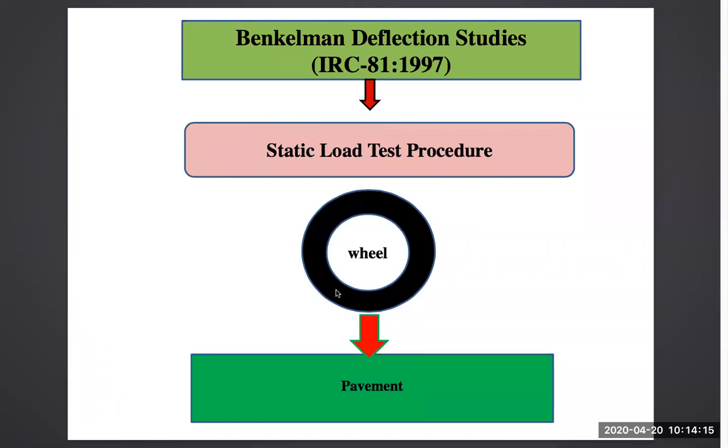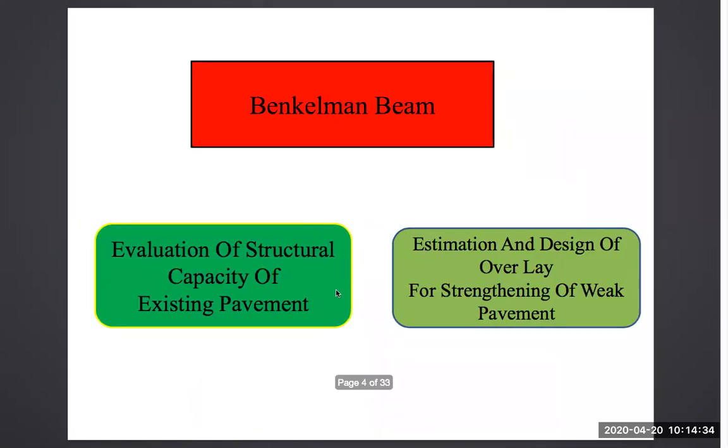Based on this deflection characteristic, we design the capacity of the pavement. Thus we go for an extra layer of the pavement based on the studies, that is known as overlay. In the previous class I was discussing this. BBD studies are a structural evaluation of the capacity of existing pavement, and it is applicable for flexible pavements only.